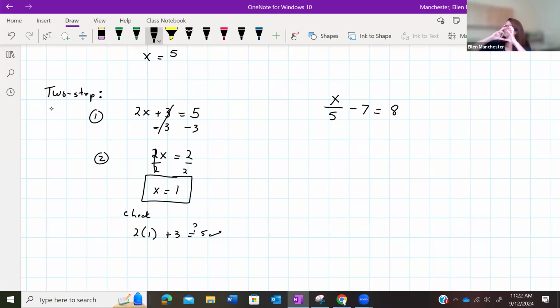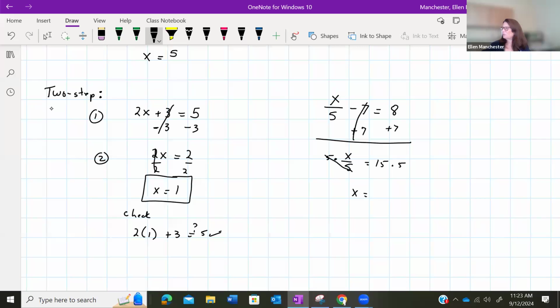So again, we're untangling that x. So get rid of the plus or minus first. I'm going to add 7 to both sides. That cancels. And now I am back to a one-step equation. This is x divided by 5, so I'm going to multiply by 5, which cancels that.